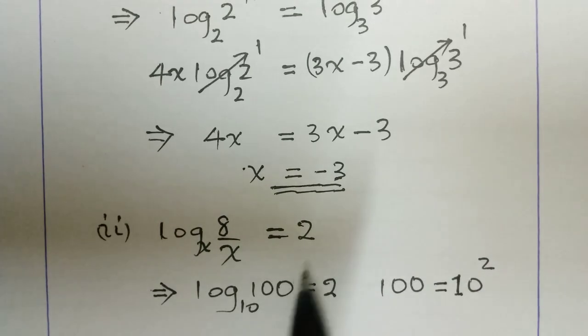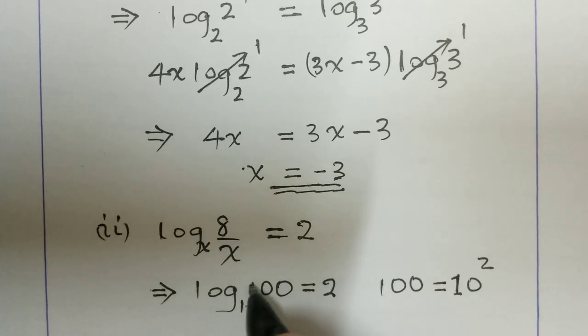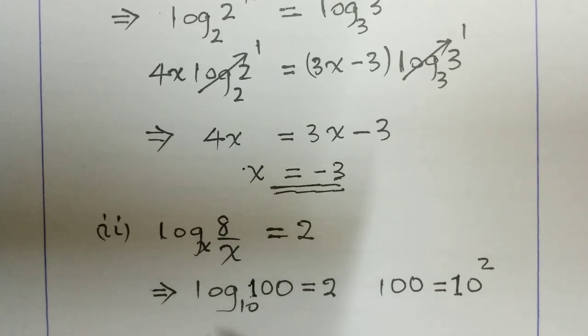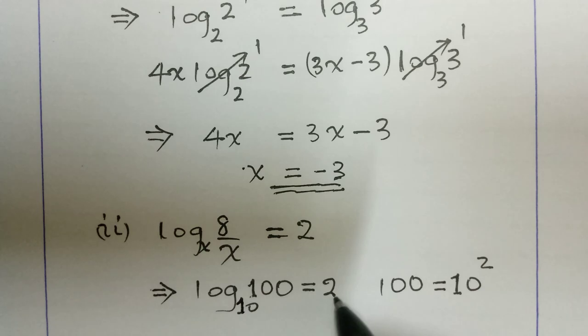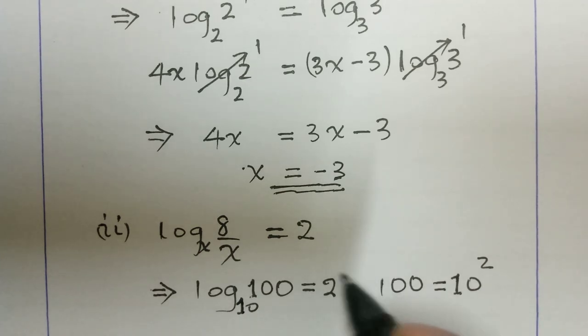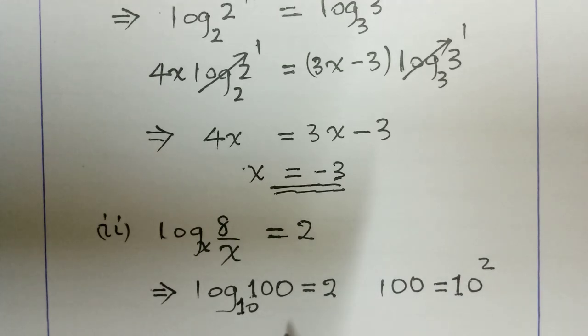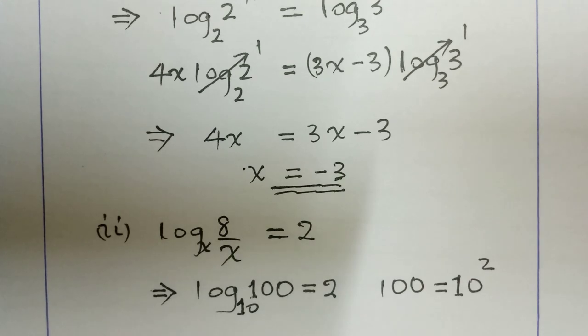So what have I done? I have left the 100, which is beside the log, in its own position, and then transferred the base to this side, the position of 2, and the 2 moved up. It's like the 2 is being promoted. We come now and do the same for this.